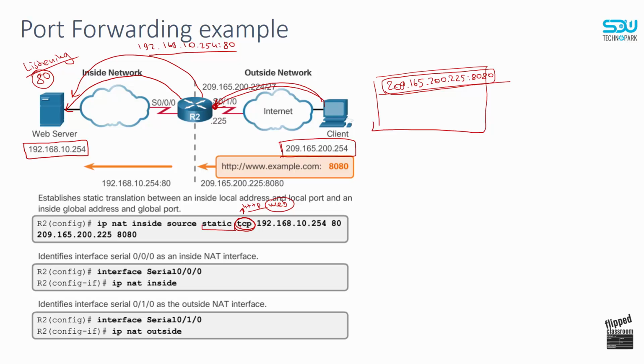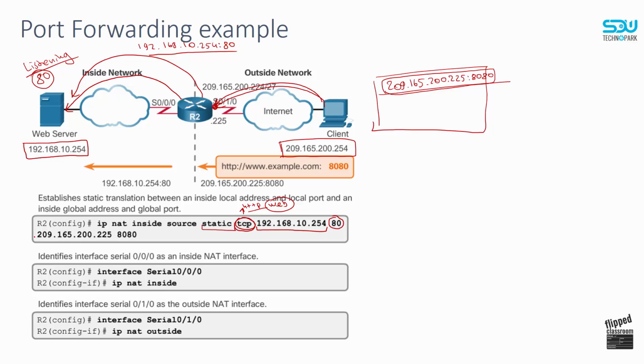We are defining with which protocol's ports we will make translations, and then we are defining the inside source IP address and inside source port number.